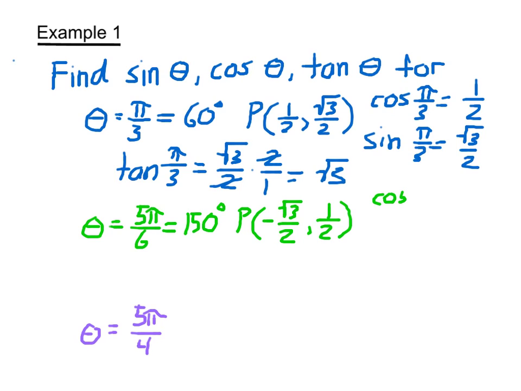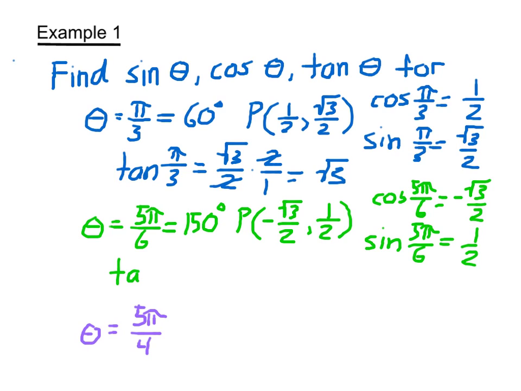Again, cosine of 5 pi over 6 is simply the x-coordinate, so negative square root 3 over 2. Sine of 5 pi over 6 is the y-coordinate, so it's 1/2. Tangent is just sine divided by cosine for that particular angle.